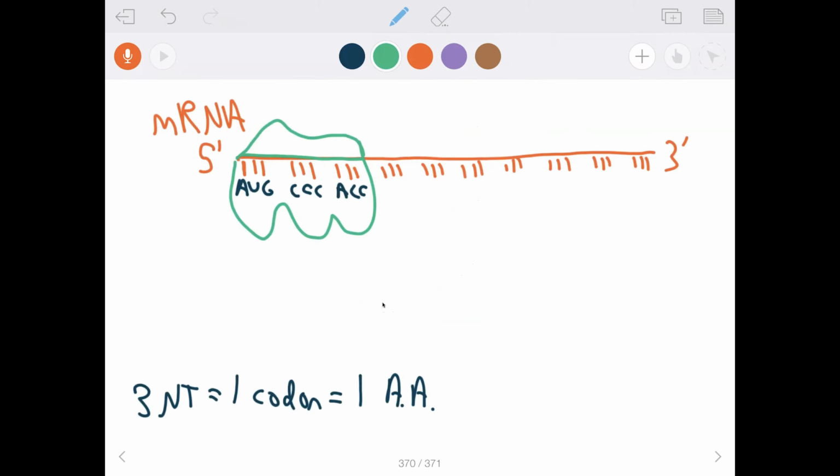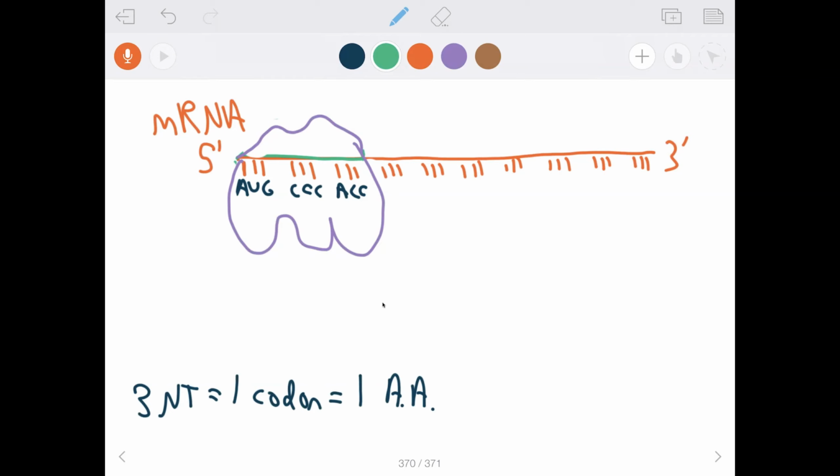So if we go back here and we say, all right, this is green. Let me change the color of the ribosome so I can use green. Okay. So the ribosome's attached. It's looking at the first codon, and it's AUG, the start codon.